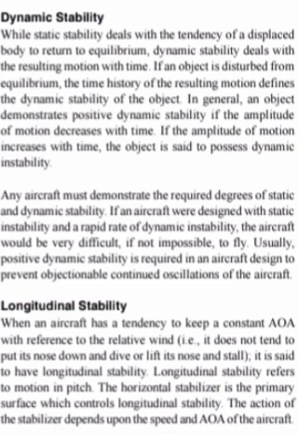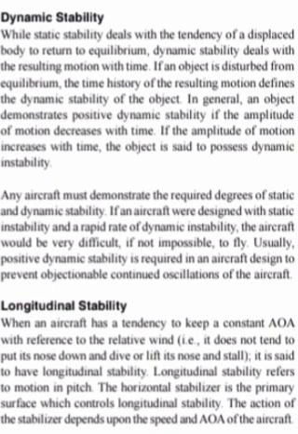In general, an object demonstrates positive dynamic stability if the amplitude of motion decreases with time. If the amplitude of motion increases with time, the object is said to possess dynamic instability.